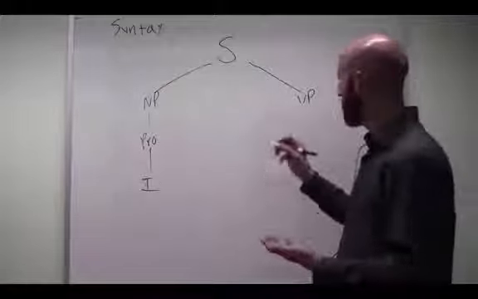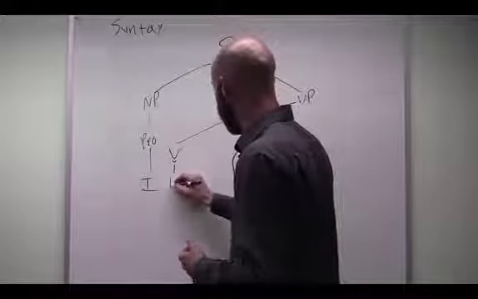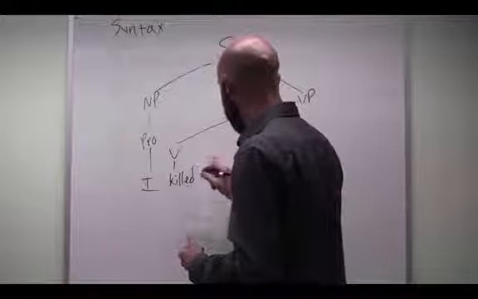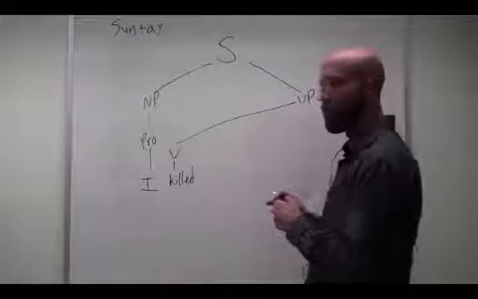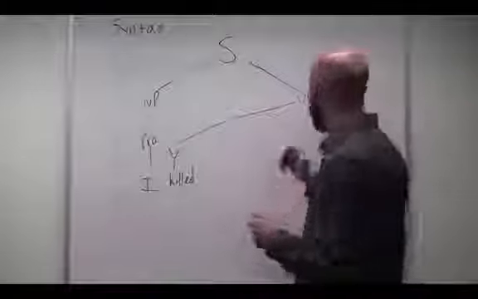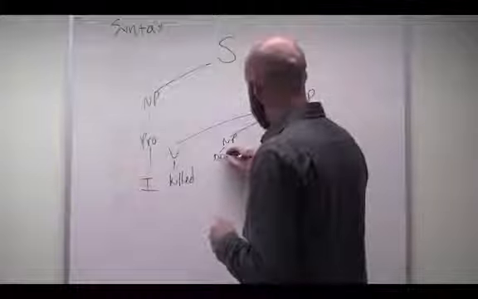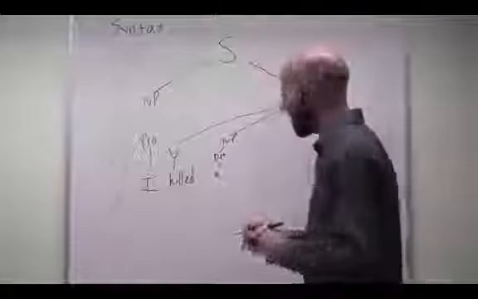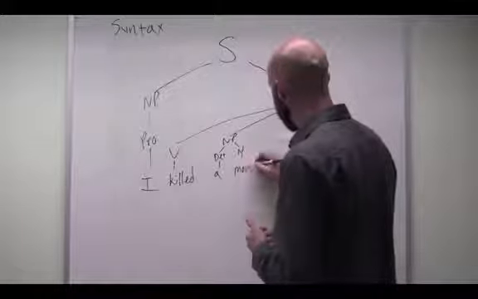It's kind of a long sentence though, so let's drag our verb node all the way over here, which is okay. I killed. Now we have a mouse. Alright, so what kind of phrase is a mouse? That's right, it's a noun phrase. So we have this determiner, a, and then the noun, mouse.